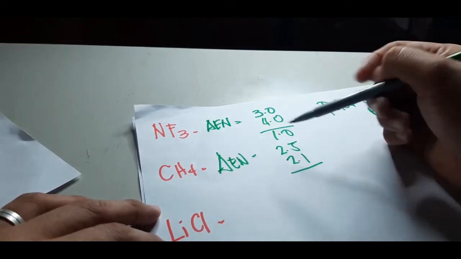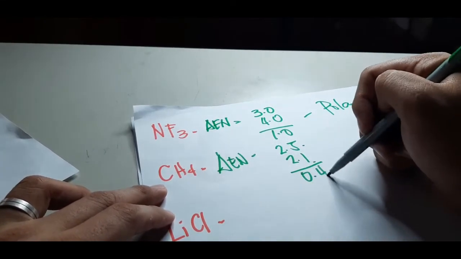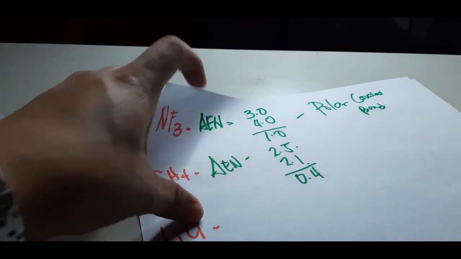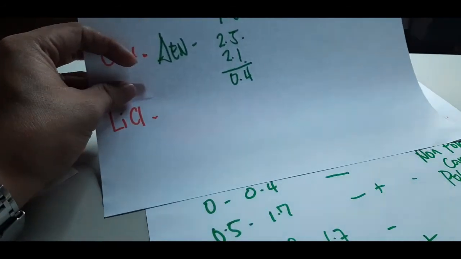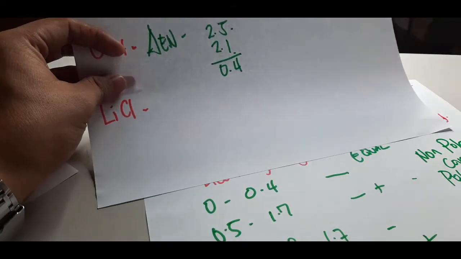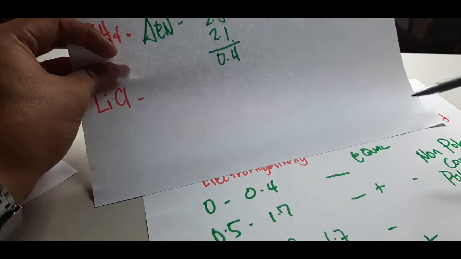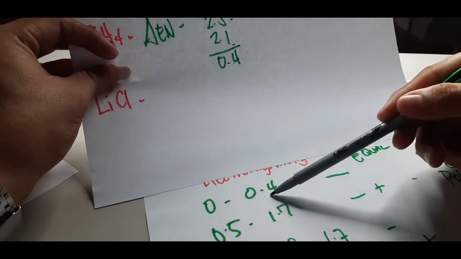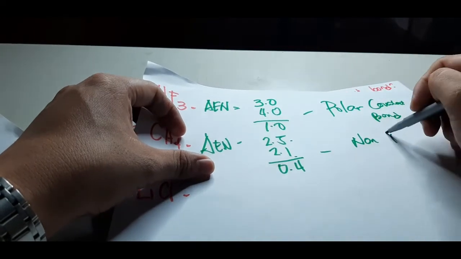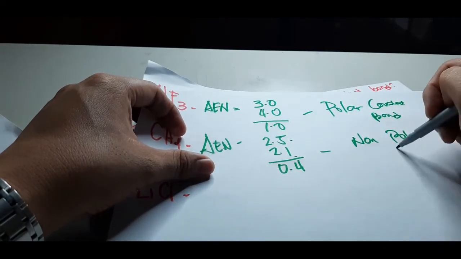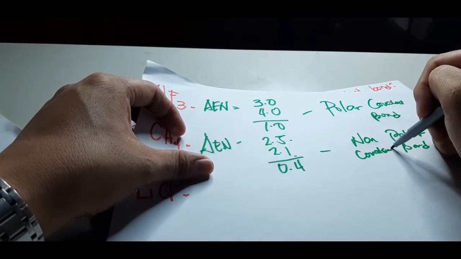So the difference between carbon and hydrogen is 0.4. Let us figure out what type of bond CH4 has. The maximum difference for non-polar is 0.4, so it is a non-polar covalent bond.